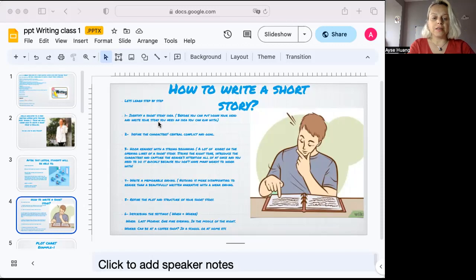Number 6, describing the setting: when and where. For example, when? Last Monday. One fine evening. In the middle of the night.